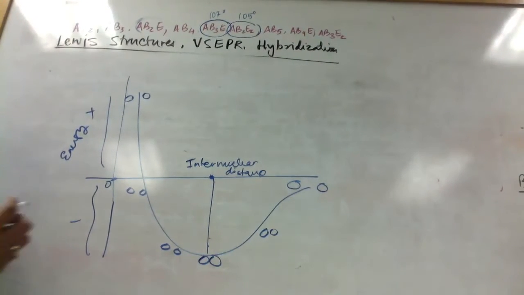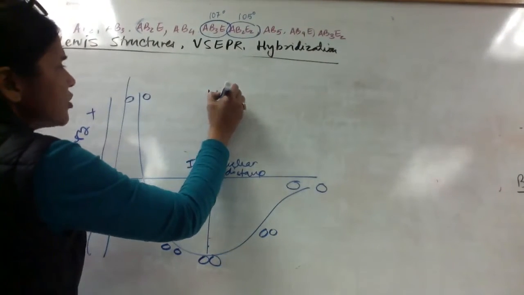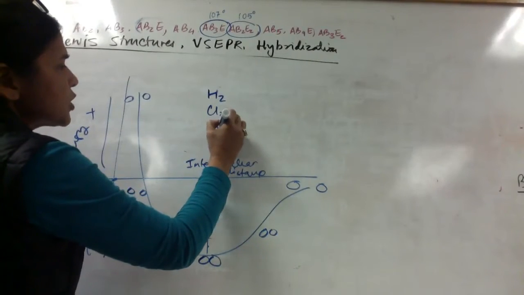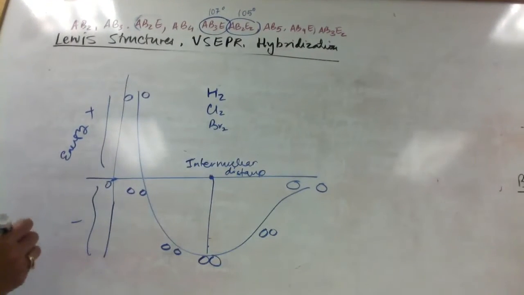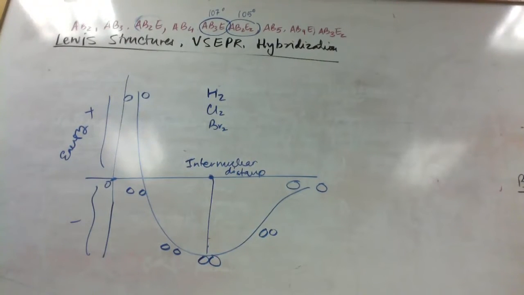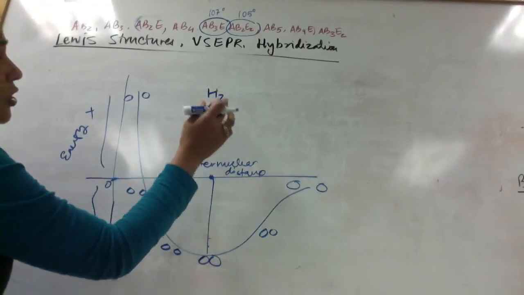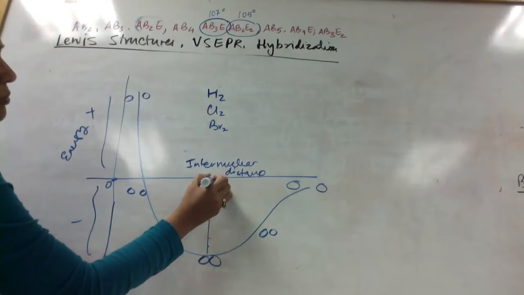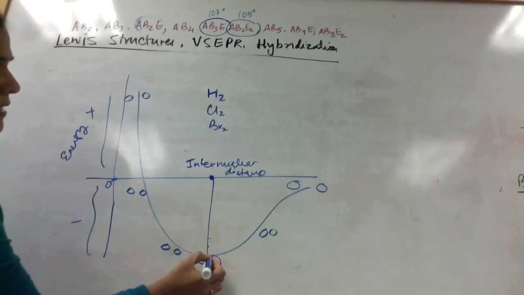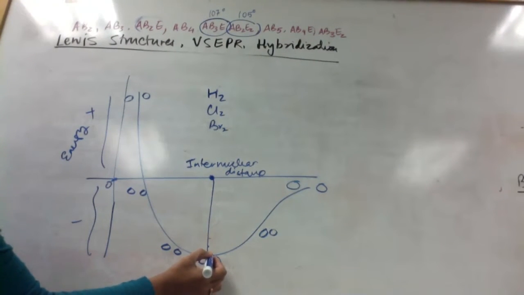In this, sometimes they give you questions like hydrogen versus chlorine versus bromine. What would it look like? You know, hydrogen being the smallest atoms, they will, according to Coulomb's law, have most attraction with each other, right? So hydrogen's internuclear distance will be smallest, and its release of energy will be highest because of smallest radii.